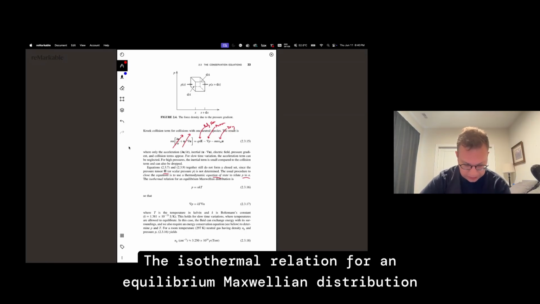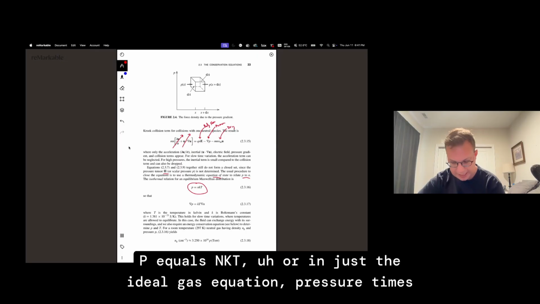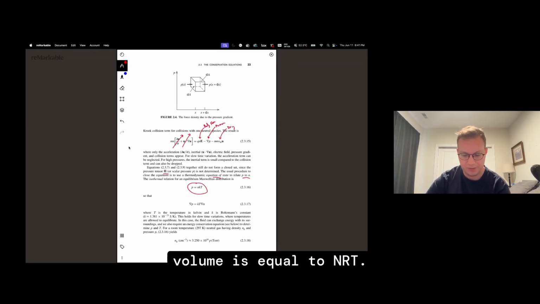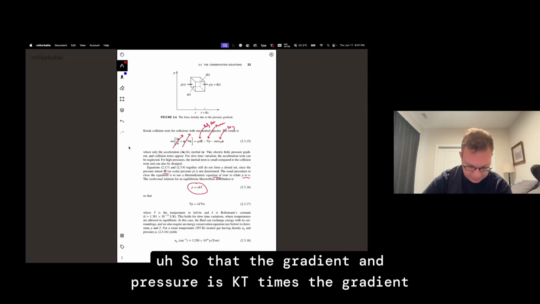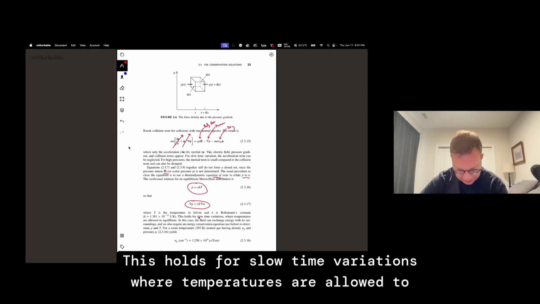The isothermal relation for an equilibrium Maxwellian distribution is P equals nkT, or just the ideal gas equation, pressure times volume equals nRT, so that the gradient in pressure is kT times the gradient in density. This holds for slow time variations where temperatures are allowed to equilibrate.